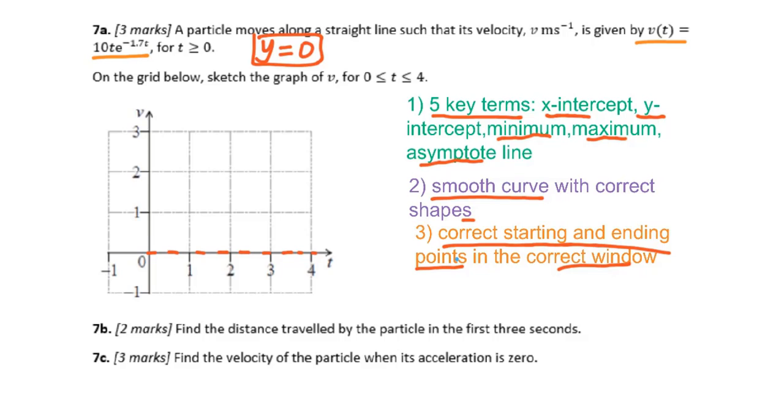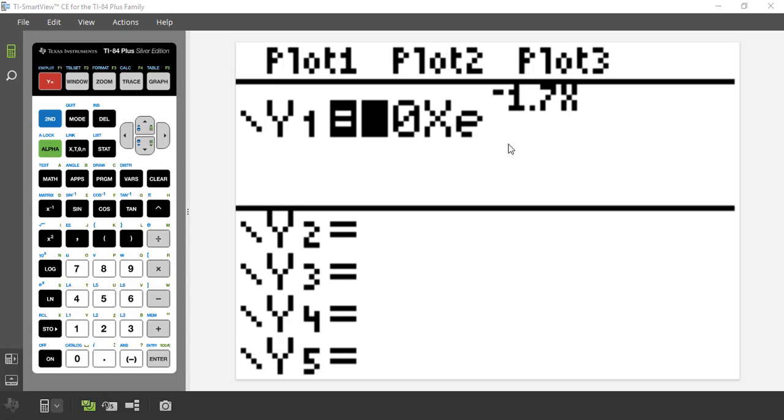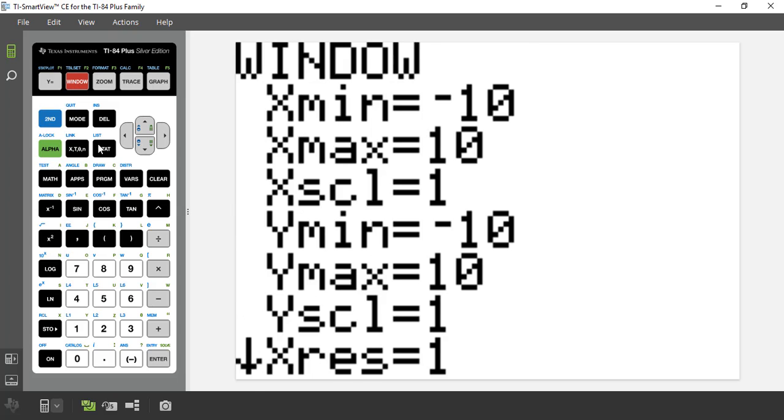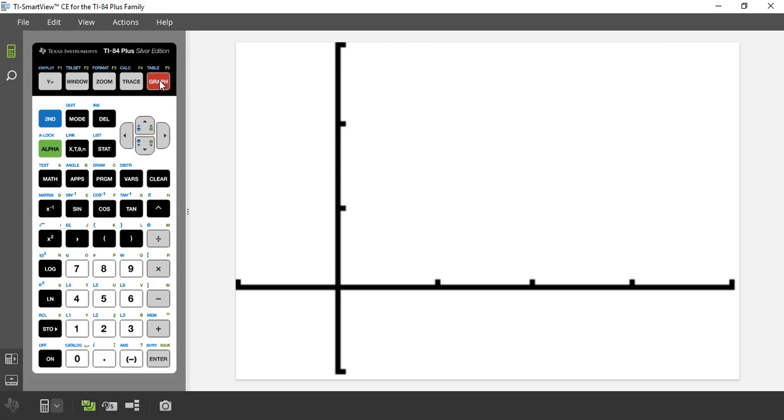So we will use the graphing calculator to figure this out. After we put the function into the graphing calculator, you need to change the window, the same as the given window in the problem. So you get -1 to 4, -1 to 3.